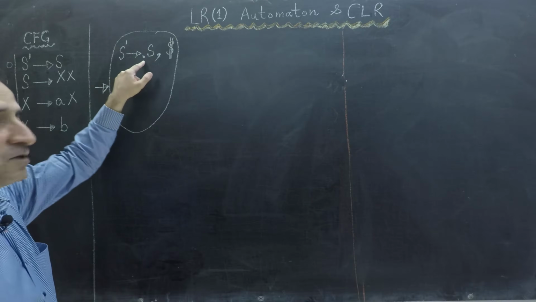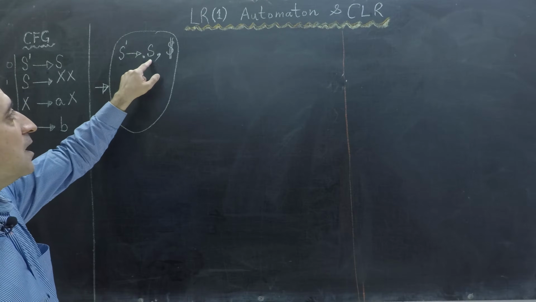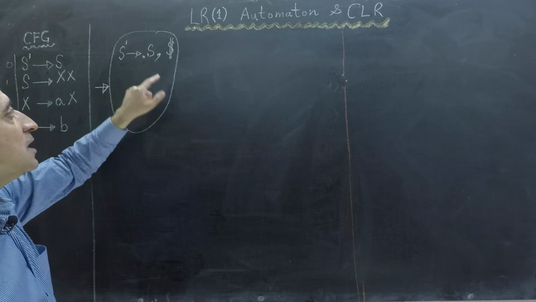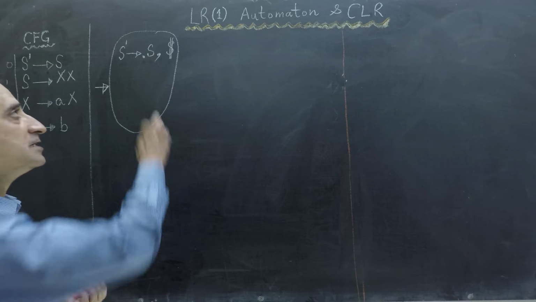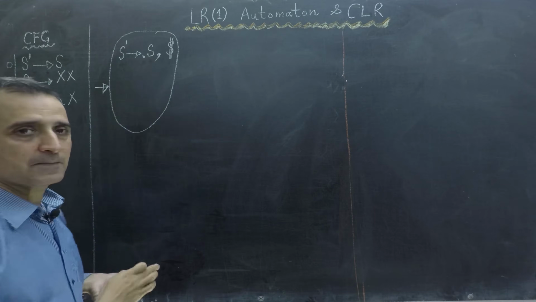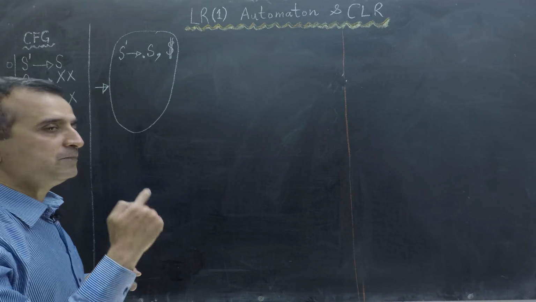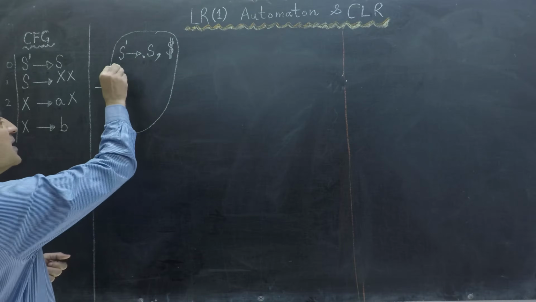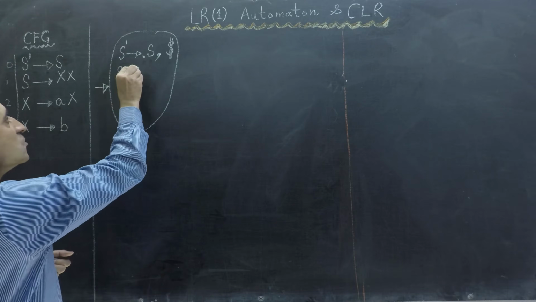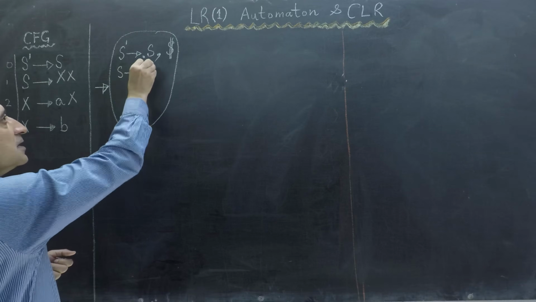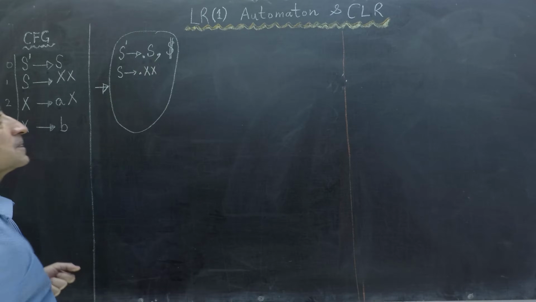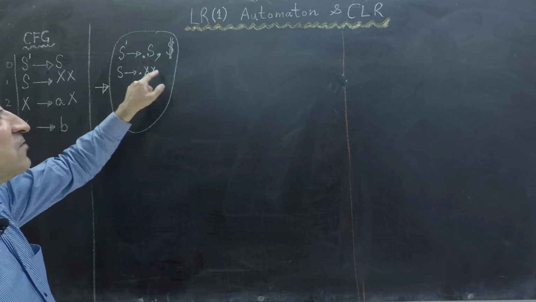Now because there is a dot before a non-terminal, I have to add all the productions of S here, and the dot will be at the beginning of the right hand side. So I will add here S goes to dot XS. Now what will be my look ahead?